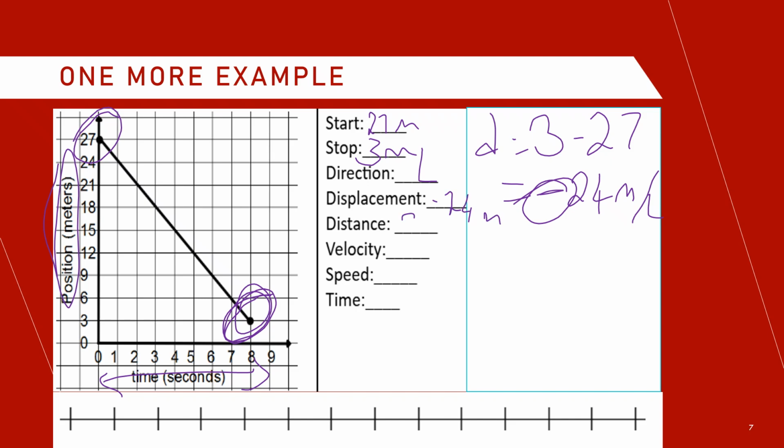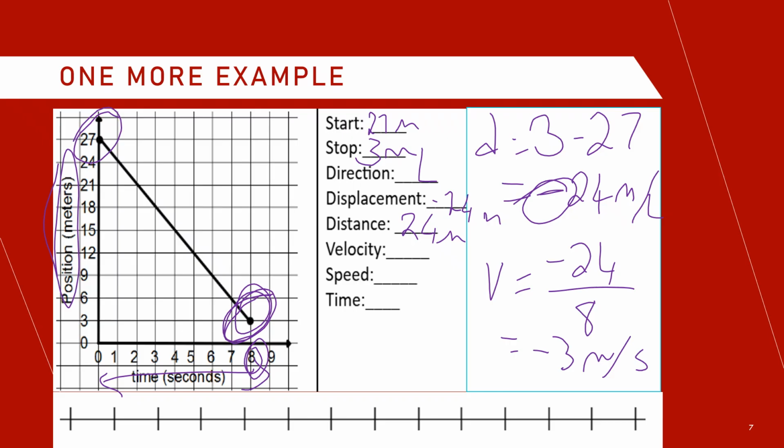The distance covered is actually 24 meters. The velocity is equal to your displacement, which is minus 24, over your total time, which is 8 seconds, which is equal to minus 3 meters per second. So we are going 3 meters per second backwards.